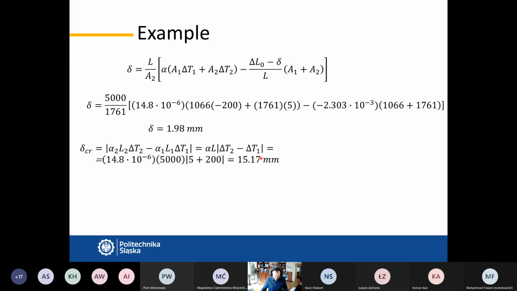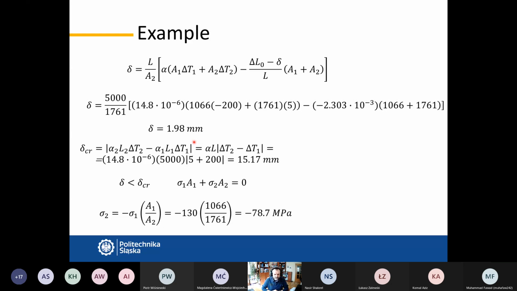It would be something like 15 millimeters. We have only 2 millimeters. So look at this: that much would be zero stress. But if we reduce the gap to 2 millimeters, the stress will be on the level of about 130 megapascals.